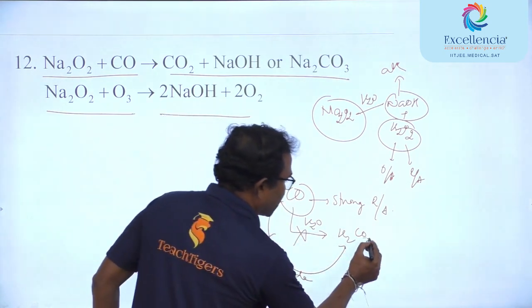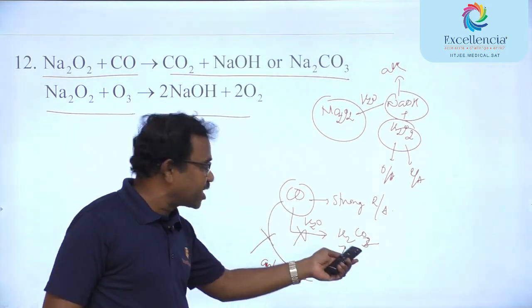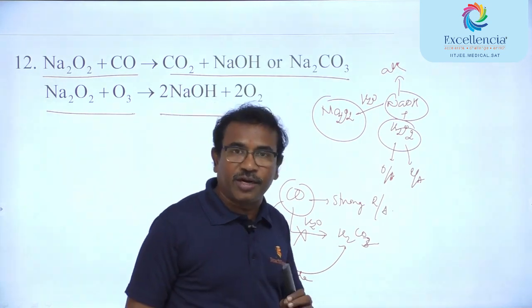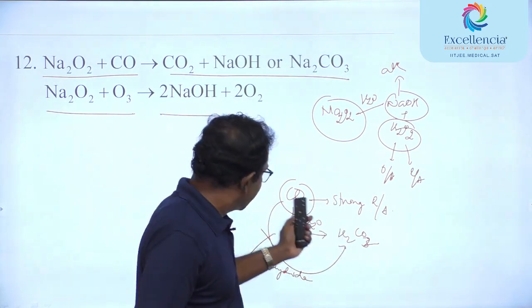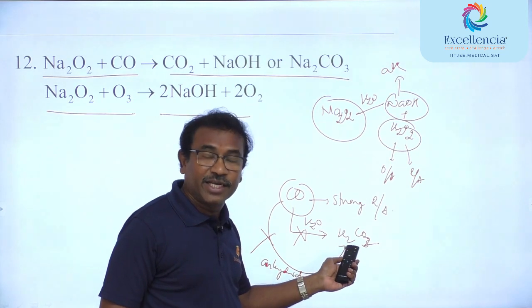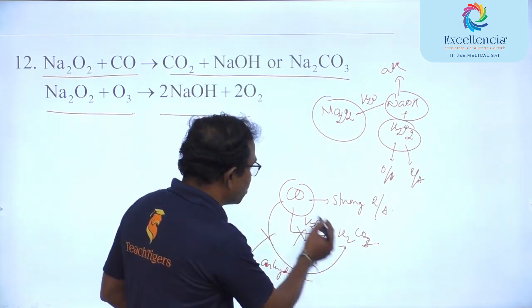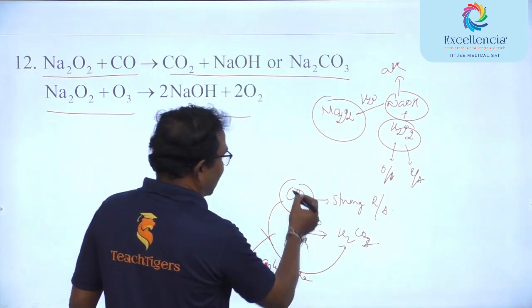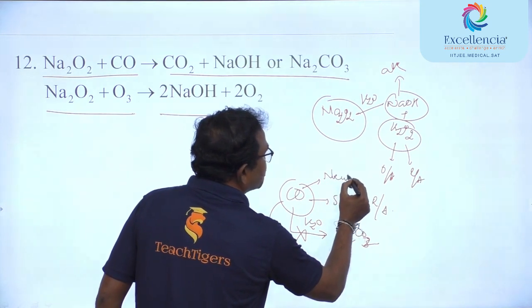H2CO2 is not an oxy acid here. CO doesn't give you H2CO2. If you dissolve CO in water, its solution is neutral. If it were to form an oxyacid, the solution would have to become acidic, but the solution is not acidic. Therefore, there is no anhydride for CO. The key point to be remembered. Therefore, coming to CO, it is a strong reducing agent and it is always neutral.